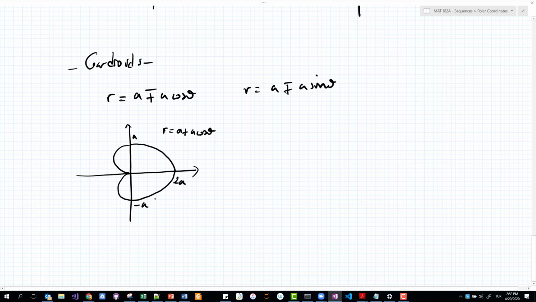Let me check if I did it correctly. Look at that. When theta is 0, my r value is going to be equal to a, correct? Yes, I'm here. When theta is 0, I'm going to be at that point.